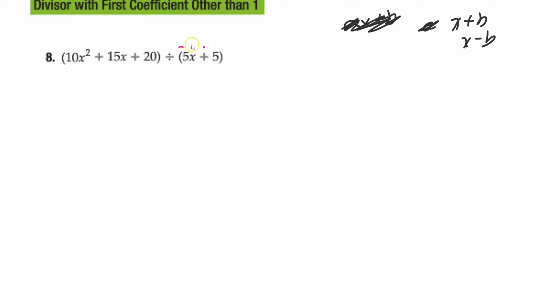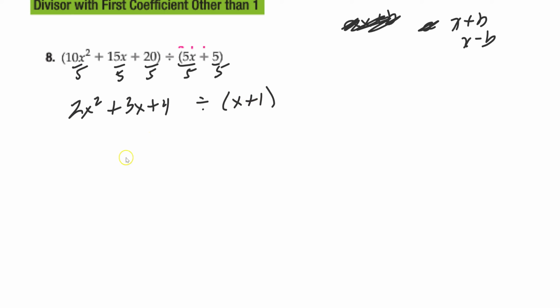So one way to do this is you just divide everything by the number in front. So divide it all by 5. In this case, I'm going to get 2x squared plus 3x plus 4 divided by x plus 1. And I could just do normal synthetic division. 2, 3, 4. We're going to divide by, it's opposite, negative 1.